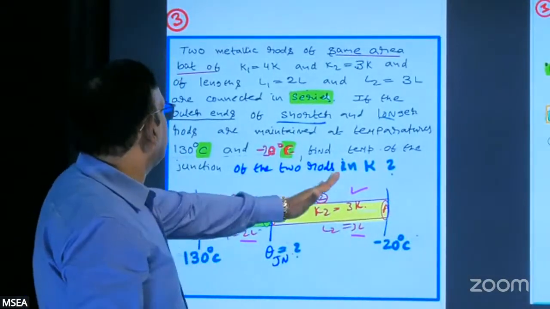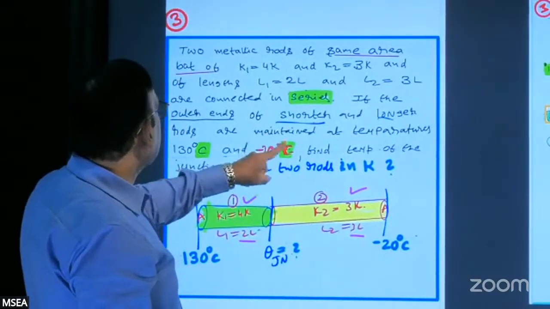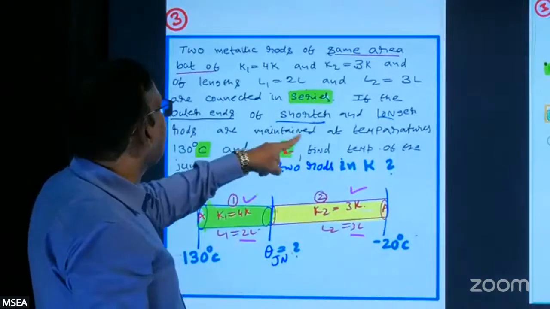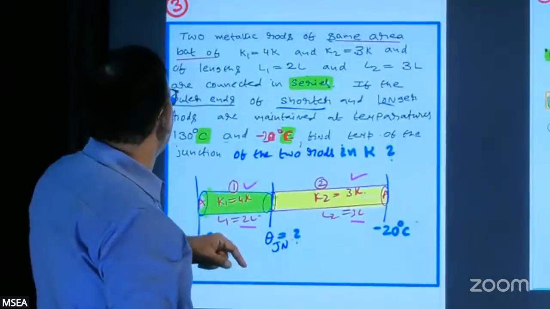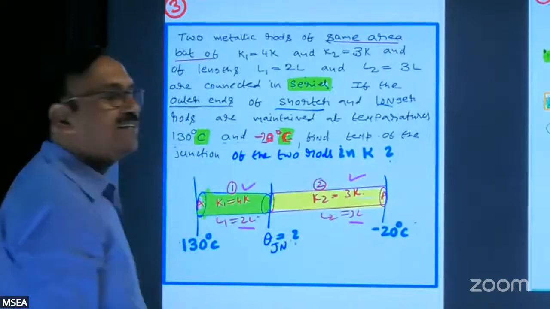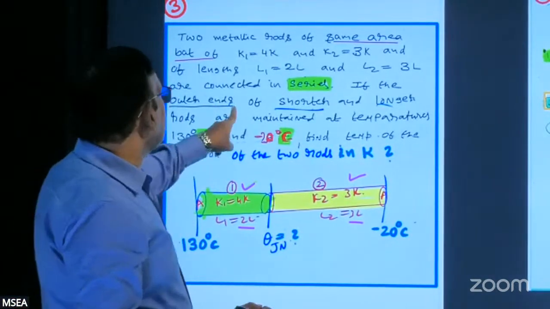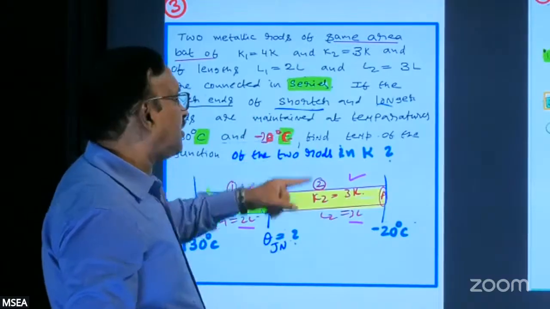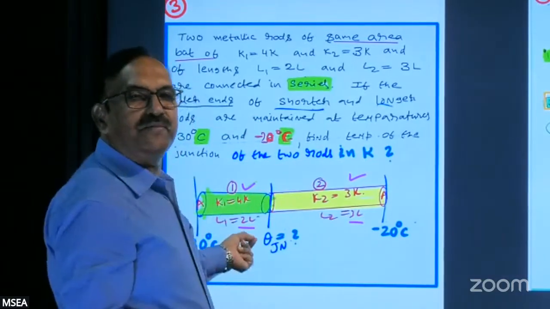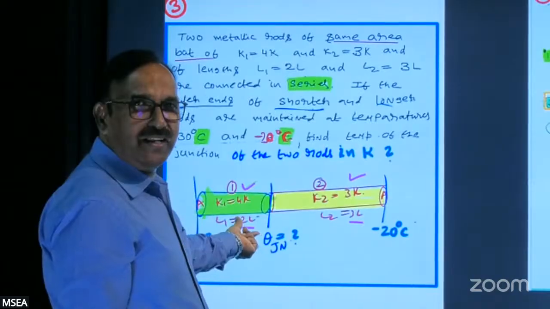If the outer ends of the shorter and longer rods are maintained at temperatures 130 and minus 20 degrees centigrade, we need to be slightly careful. First we have to see which is the shorter rod, naturally the 2L length.